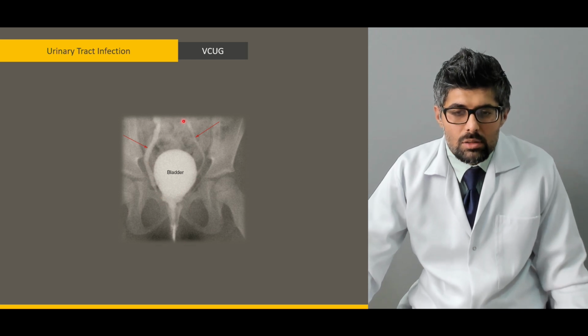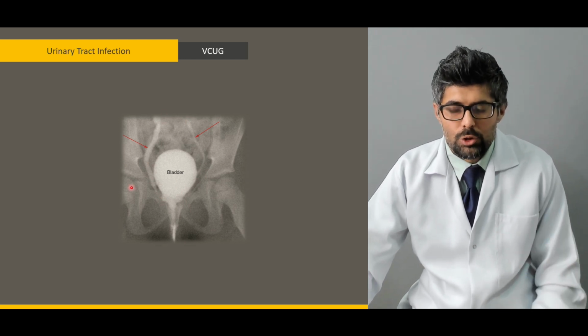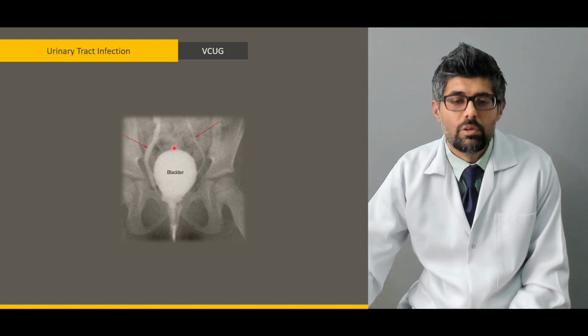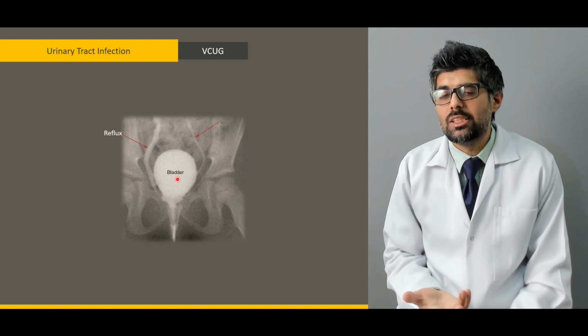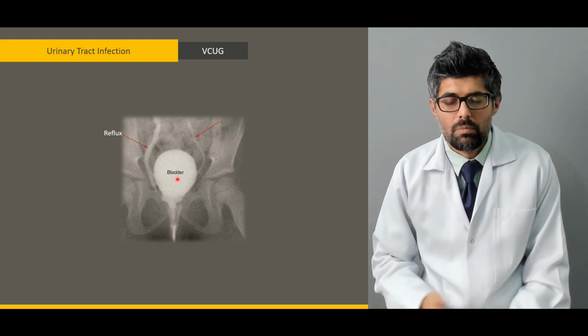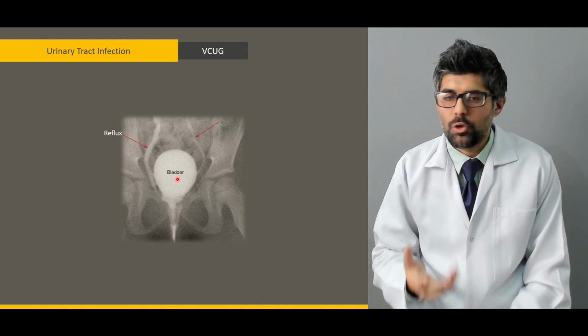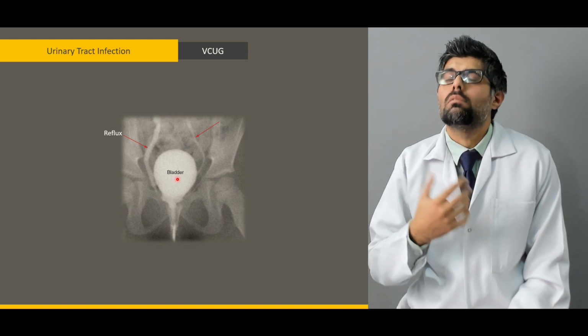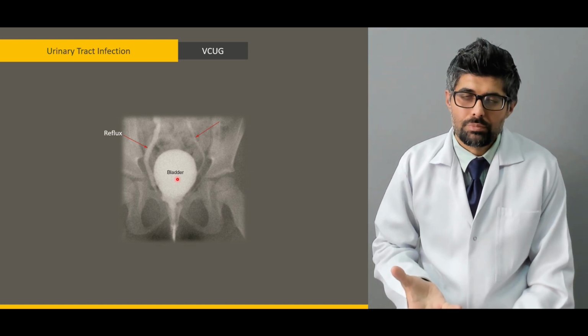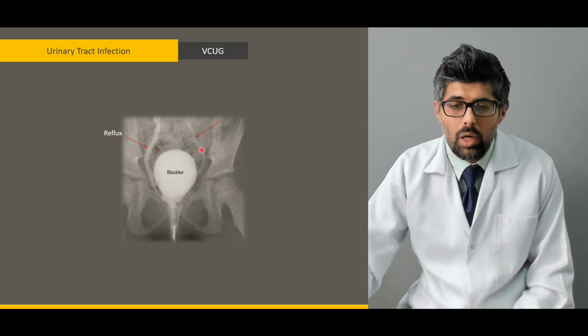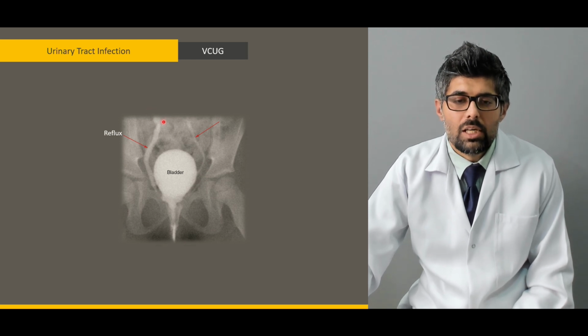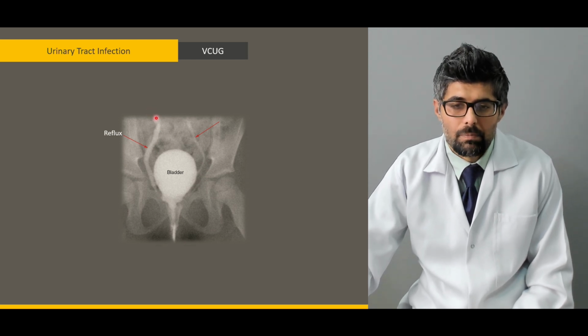Now, its ureters are showing different types of reflux. There are usually 4 grades of reflux: grade 1, grade 2, grade 3, or grade 4. This person has grade 1 in the left ureter and grade 3 in the right ureter.